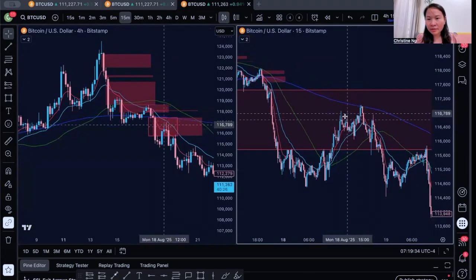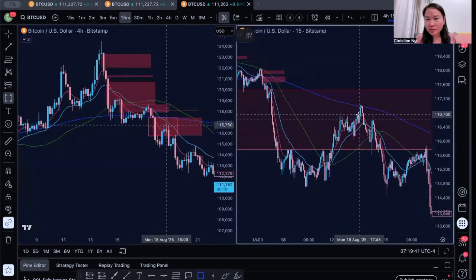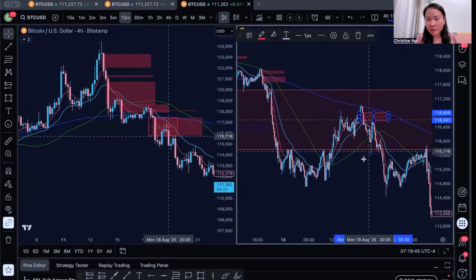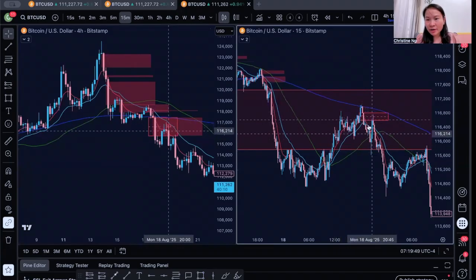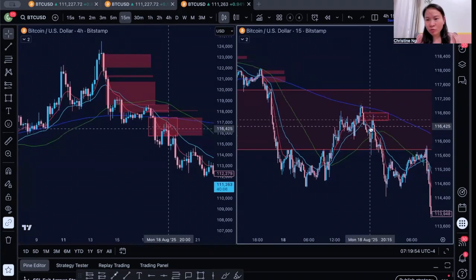And after it made that double top, it rejected and started making bearish fair value gap on the 15 minutes. So you can see there are actually two fair value gaps here on the 15 minutes. And then price started to make a change of trend. You can see that the 8 and 21 start to cross under the 50 over here.